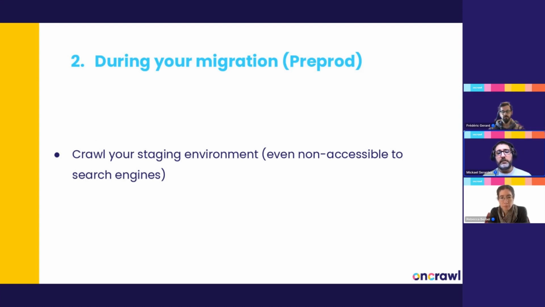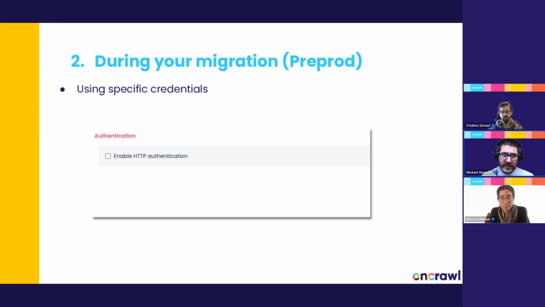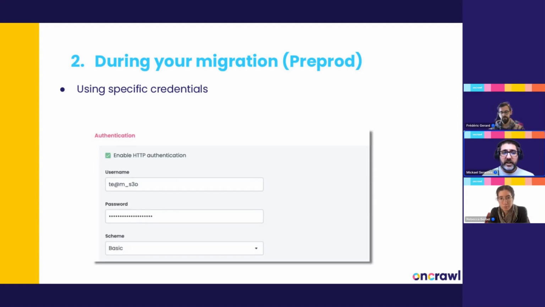During your migration, you may want to crawl a staging site that is not even accessible to search engines or bots if you don't set up the crawl correctly. So we have some settings to access staging sites. The first one is authentication. You can enable the authentication and fill in your username and password to access the pre-production website, and then be able to explore everything.